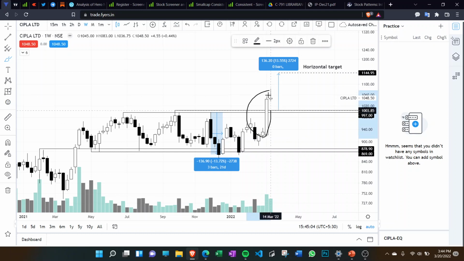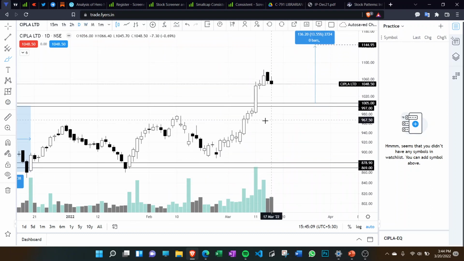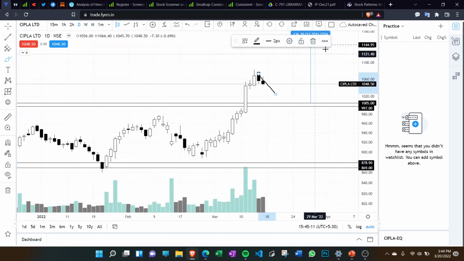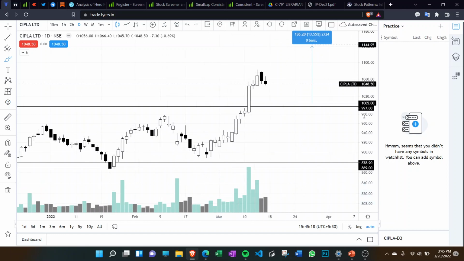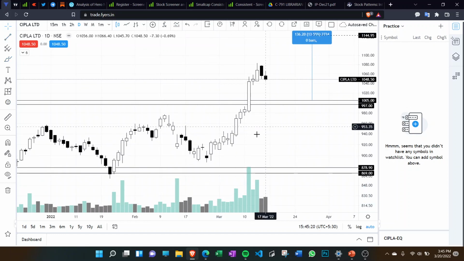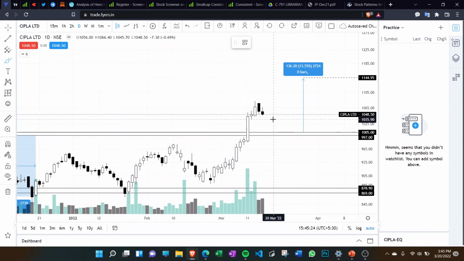So as you can see, it has given a breakout, although right now it's facing some pressure. A little bit of pullback is possible. As you can see here, the pullback is on lower volume as compared to the breakout volumes, which is a very normal reaction. The price usually breaks out and then retests this level of resistance, and then moves higher from here.